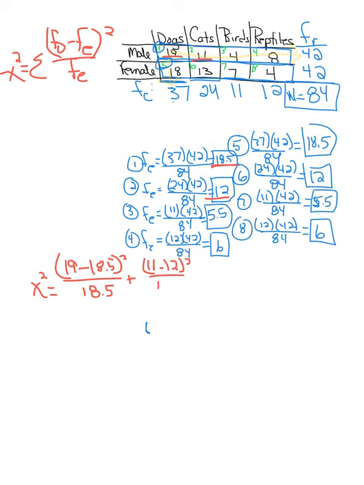Squared divided by 12, plus for cell 3, the observed is 4, minus the expected for cell 3, which was 5.5, squared divided by 5.5, plus, let's see, cell 4 is 8 minus, and cell 4 was 6, right? We square that difference, divided by 6.